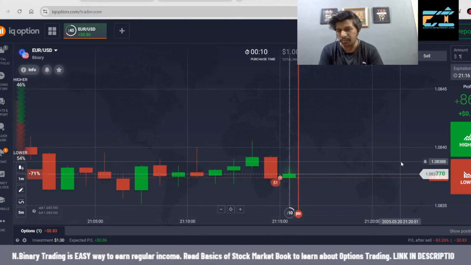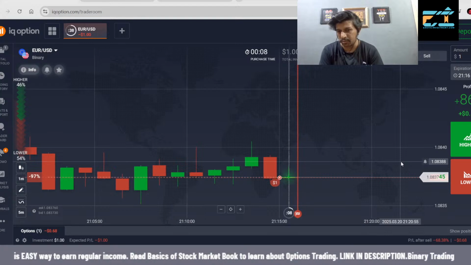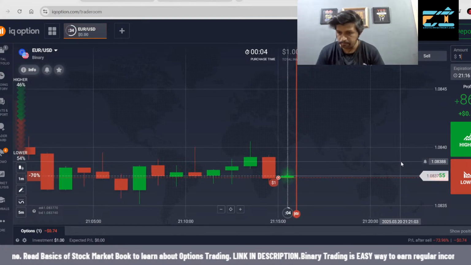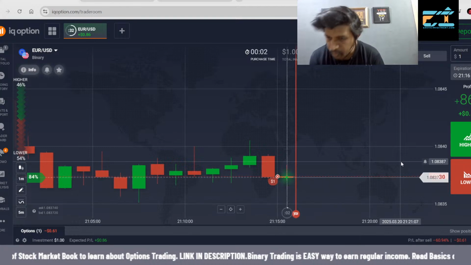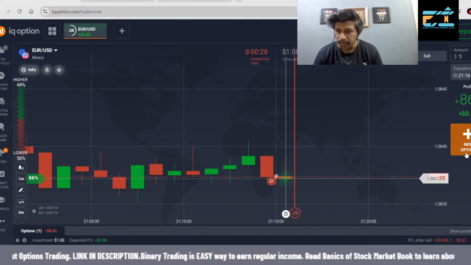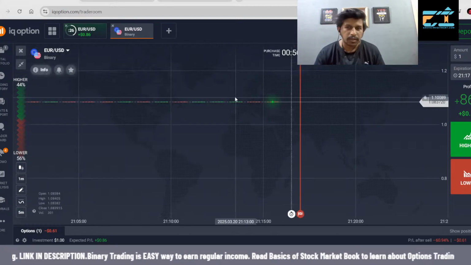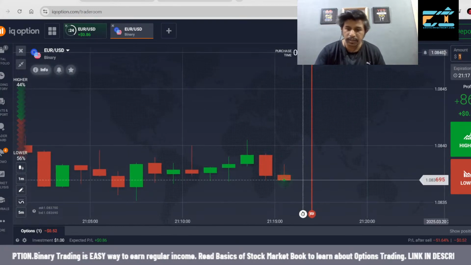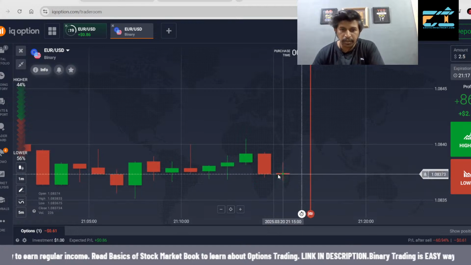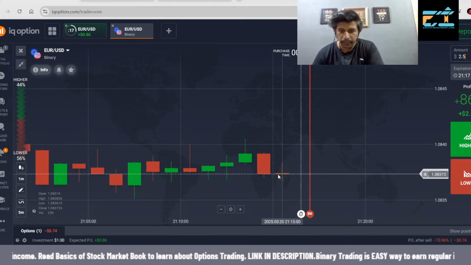Sometimes it will turn around, but most of the times it won't. Okay, so 29, 30. See, after 30, this actually shows up, and I have to be ready for the next trade, that is $2.5. Oh, it turned the tide.